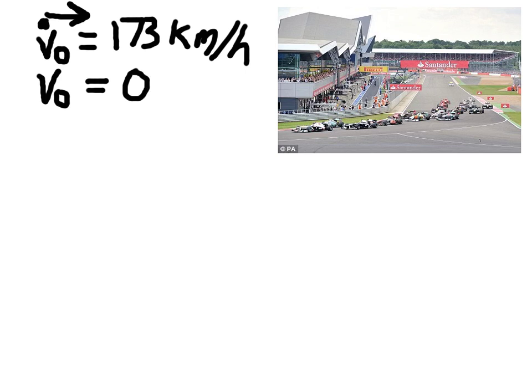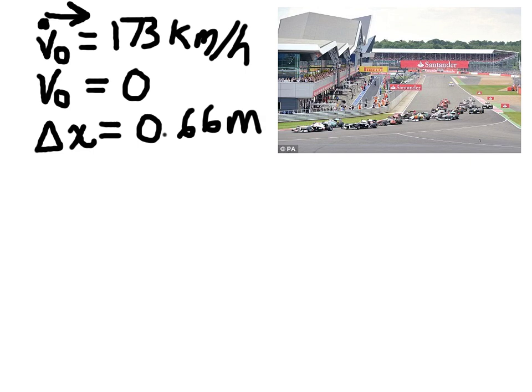The problem also tells me that he decelerated from 173 kilometers per hour to 0 in a distance of only about 0.66 meters. So while decelerating, his displacement was 0.66 meters. Our job now is to calculate the magnitude of acceleration experienced by Purley. And magnitude means the number without direction. We don't know which way he was going around the track.